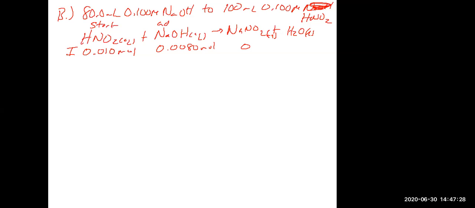This is what we're adding. And what we're adding is fewer moles than what we started with, which means we are before the equivalence point here. That also should tell you that you should absolutely know how this table is going to end up. The change is going to be the sodium hydroxide, because we're before the equivalence point, minus 0.008, minus 0.008, plus 0.008 on this side.